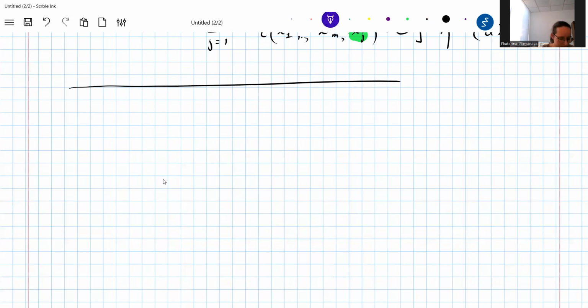So what will be done? At first, let me recall the definition of factorial moment measures. That was an analog of the intensity measure of a point process.